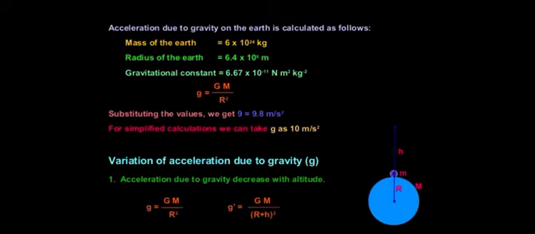So we will substitute all these values in this formula, g is equal to G M upon R square. And after calculation, we will get the value of small g, that is 9.8 meter per second square. And for simplified calculations in the numericals, we can use the value as 10 also, 10 meter per second square. In this way, we will use this value in solving the numericals.